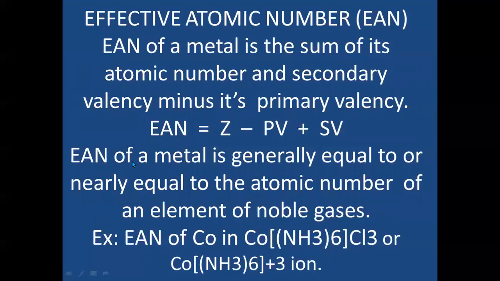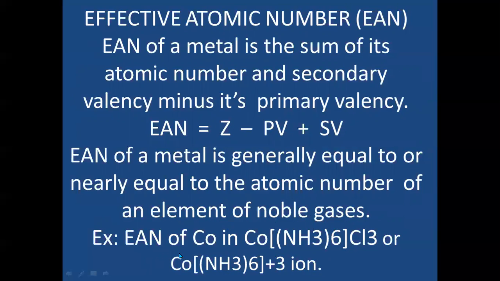Now, to understand this, we will take one example. But before that, the EAN of a metal is generally equal or nearly equal to the atomic number of a noble gas element. Noble gases are assumed to be very, very stable. Why are they stable? Because they have a completely filled electronic configuration.